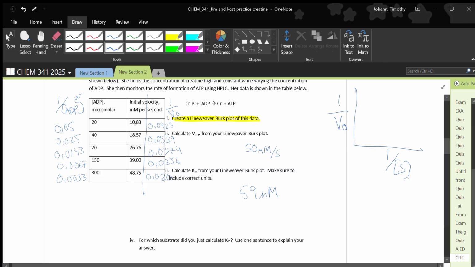So I've got creatine phosphate and ADP. How do I know? It's what I'm varying on the x-axis, right? This is how I do this experiment. I vary this. That's what I'm getting data for. So that's how you know.